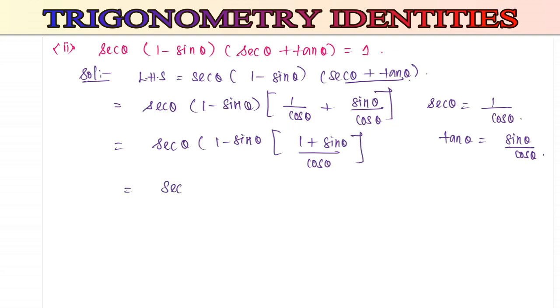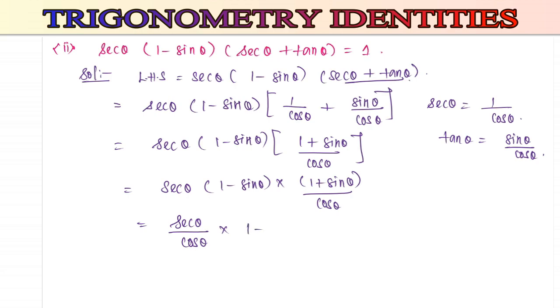Secant theta into 1 minus sin theta into 1 plus sin theta divided by cos theta. So everything is in multiplication, so I can write secant theta divided by cos theta into 1 minus sin theta into 1 plus sin theta.